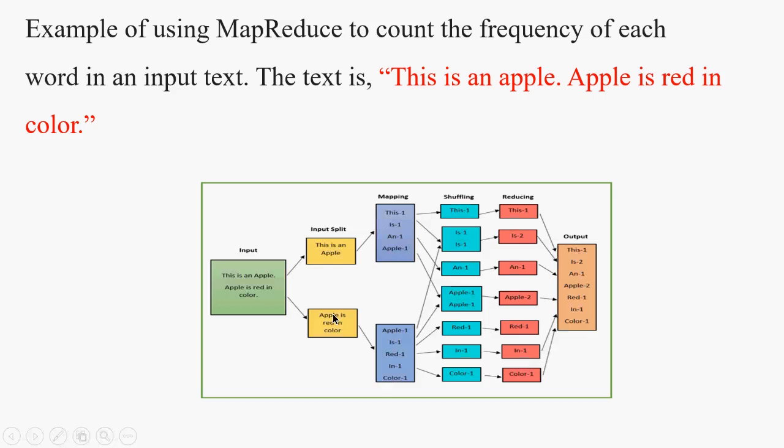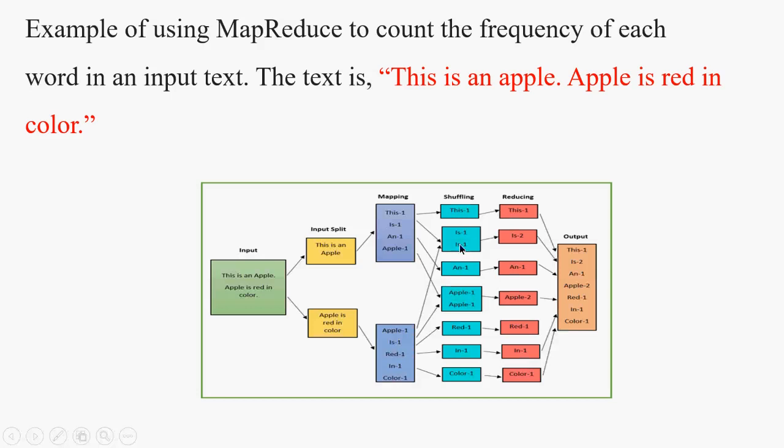Now from my second input split, I'm giving it to the second mapper, and trying to generate my subset in key value pairs. This is called the mapper output: apple 1, is 1, red 1, in 1, color 1. Now the mapper output is being shuffled and sorted.